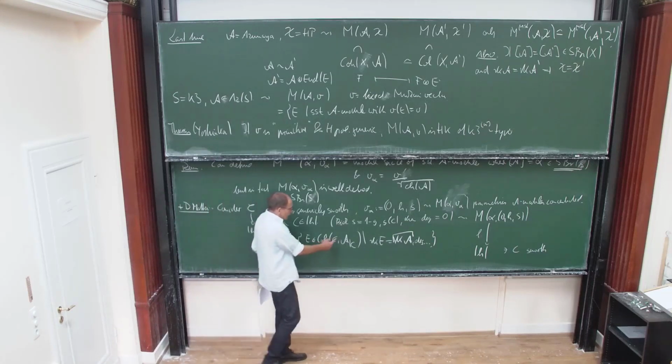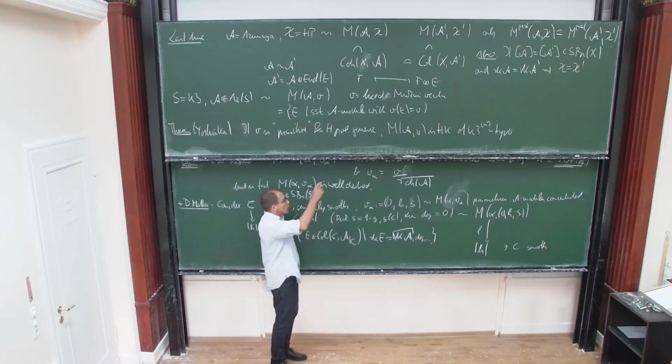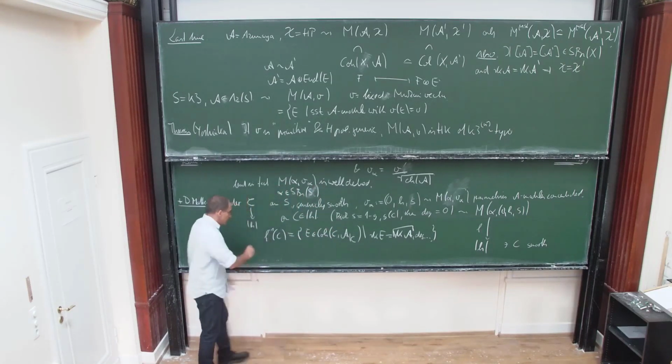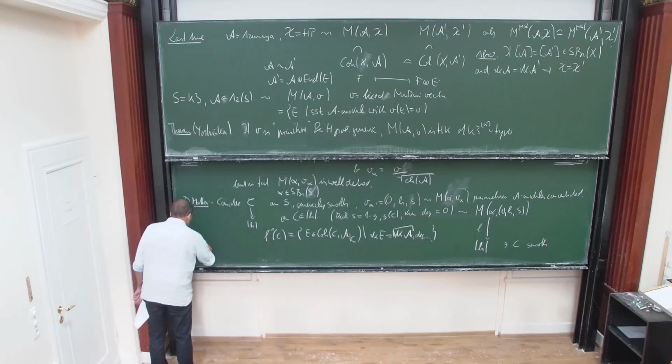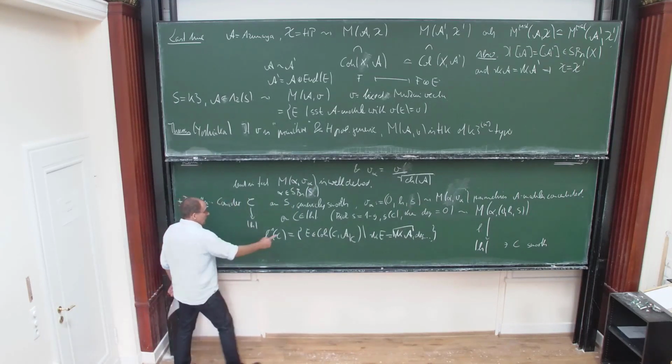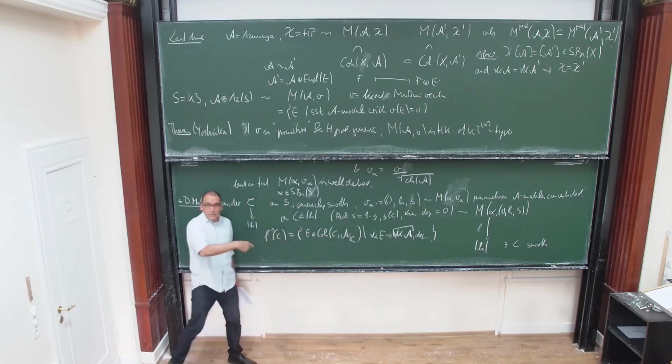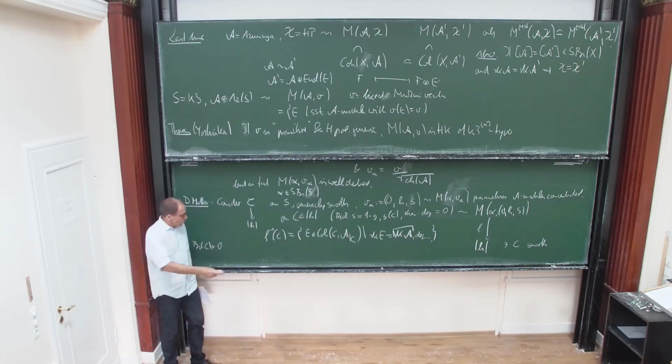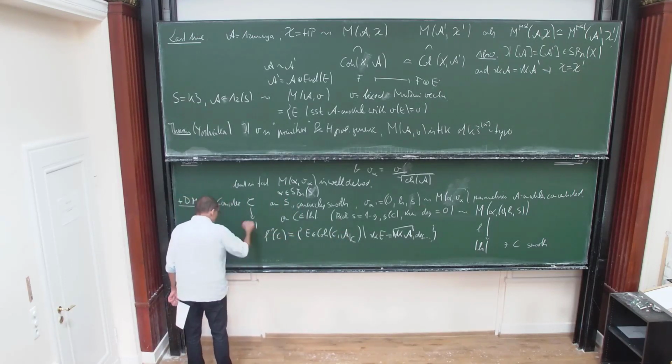So now, if C is a smooth curve, the Brauer group of a smooth curve is just 0. So the Brauer group of C is trivial, and that means this Azumaya algebra is equivalent to the trivial one, O_X.